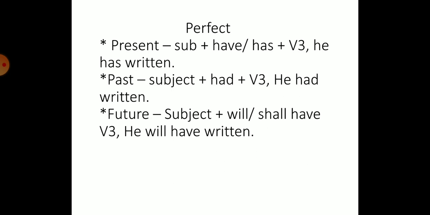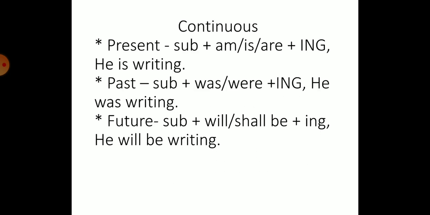Let's take a look at the continuous tenses first: present continuous, past continuous, and future continuous. The formation of present continuous is on your screen. Subject plus am, is, or are plus the verb's ing form. We all know that we choose one out of is, am, are, and that depends on the subject. So suppose my subject is he, my choice will be is, and the answer is he is writing.